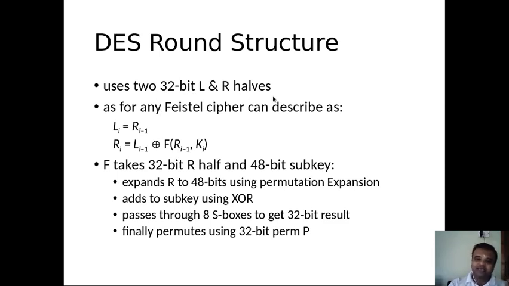As the Feistel structure describes, the left half of the next round is going to be the right half, so the right half does not get processed as such into the left half. The right half of the second round is going to be the left half of the previous round XORed with some function of the previous right half and the sub key.